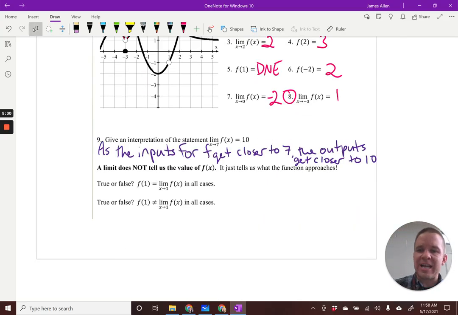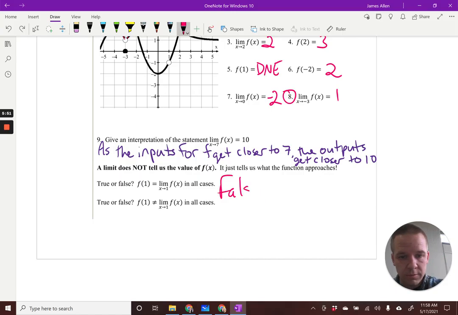So a limit does not tell us the value of f of x. It just tells us what the function approaches. It could be that value, it might not be that value. So let's do a little true and false. F of 1 is equal to the limit of f of x as x approaches 1 in all cases. No, that is false.